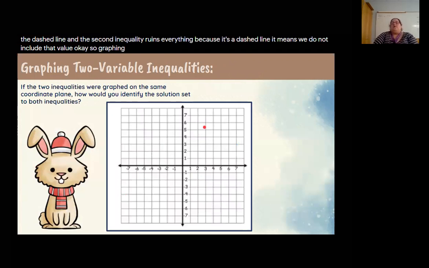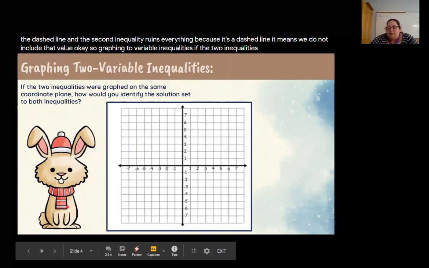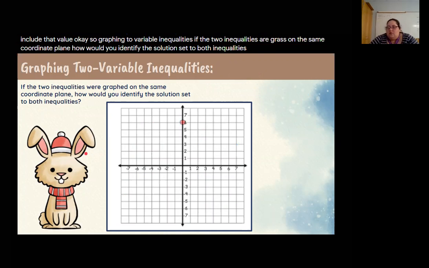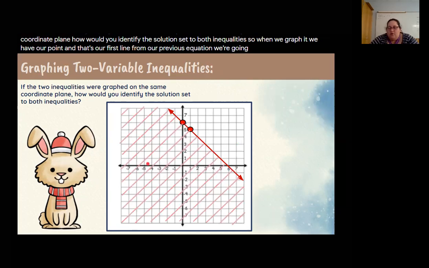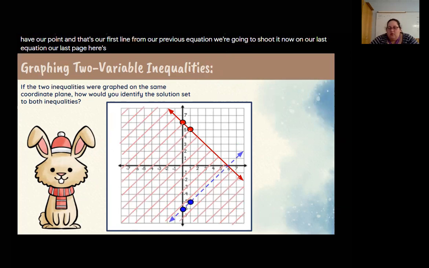So, graphing two variable inequalities. If the two inequalities are graphed on the same coordinate plane, how would you identify the solution set to both inequalities? So when we graph it, we have our first line from our previous equation. We're going to shade it. Now on our last page, here's our second line.